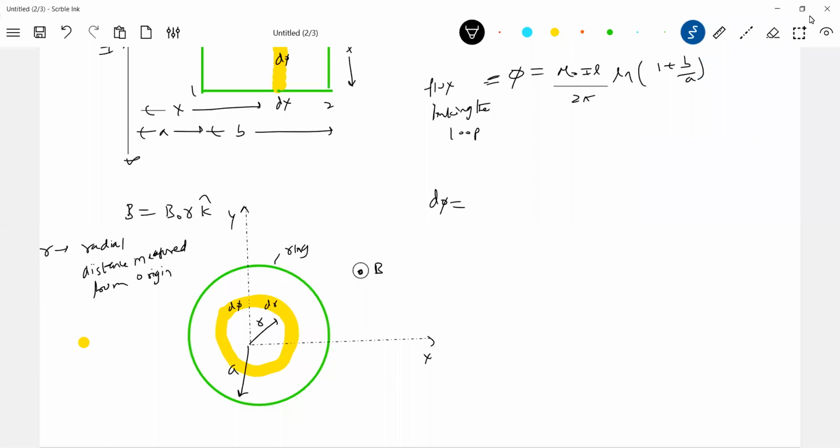So d phi is equal to B into dA, where B is B naught r, so this will be 2 pi r dr, giving 2 pi B naught r square dr. So the flux linking is integrated from 0 to a, which gives 2 pi B naught a cube by 3.